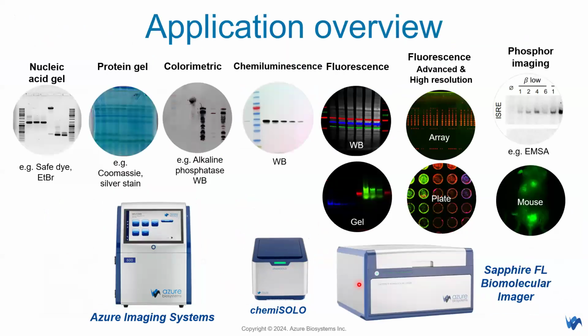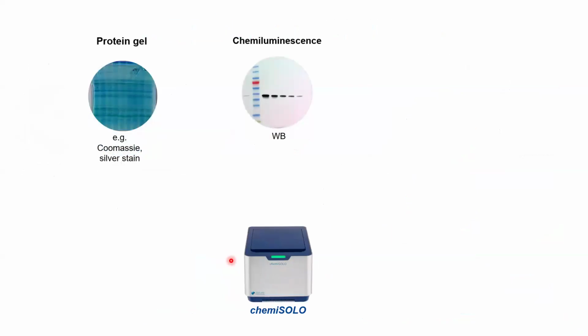These are the applications that all three systems cover in total. Let's look at them one by one. First, let us start with Chemisolo. From the name itself, it is a dedicated chemiluminescence imaging system.